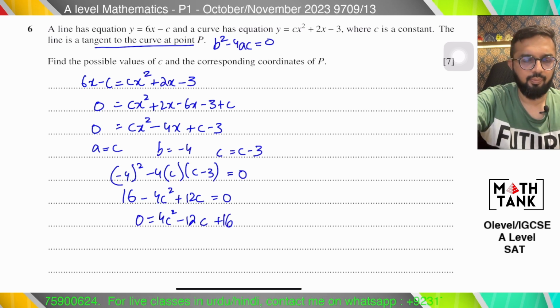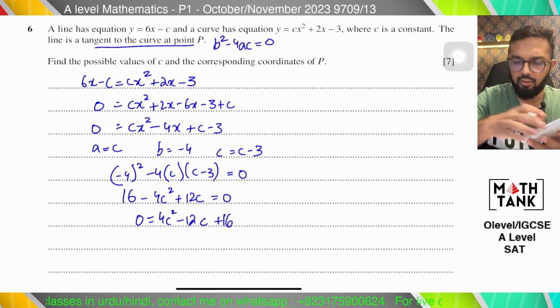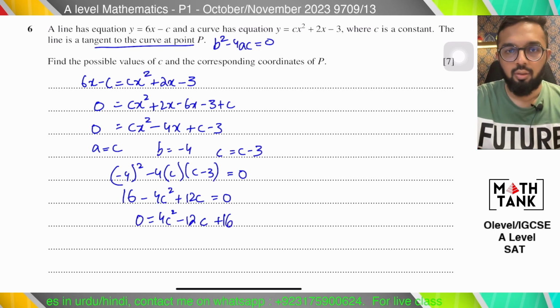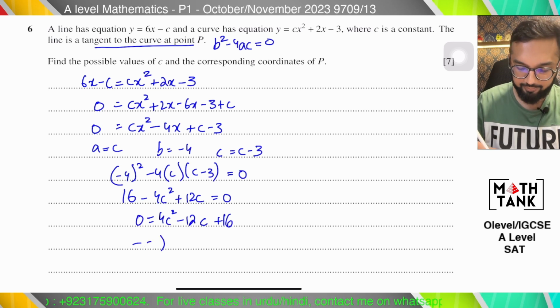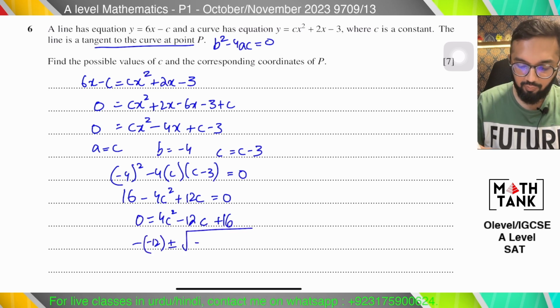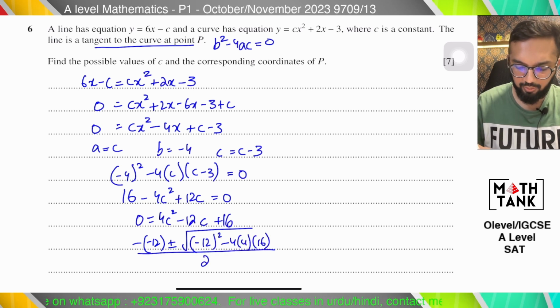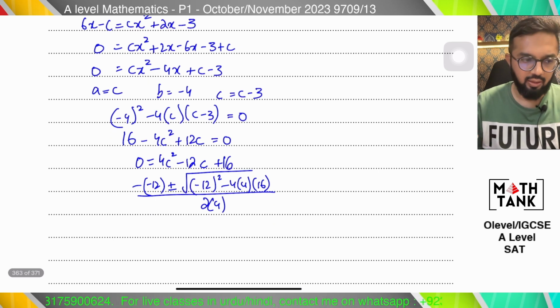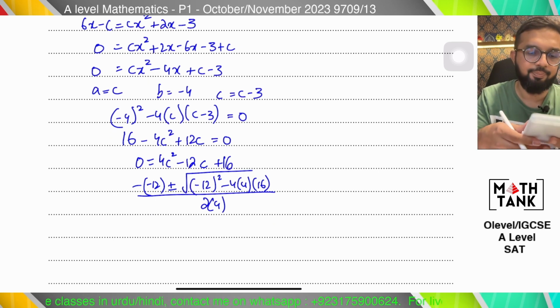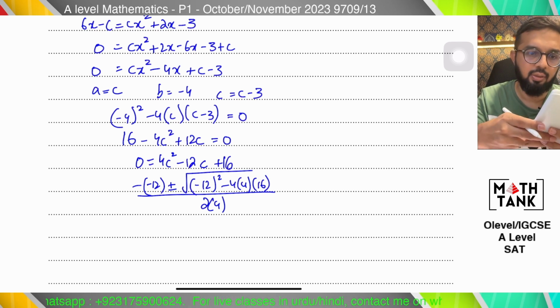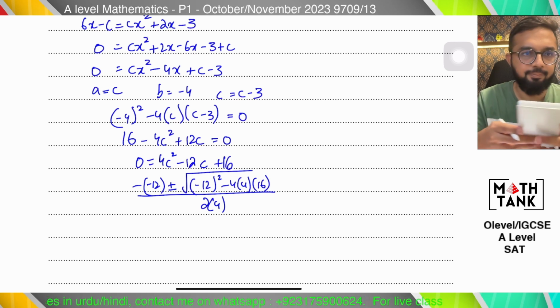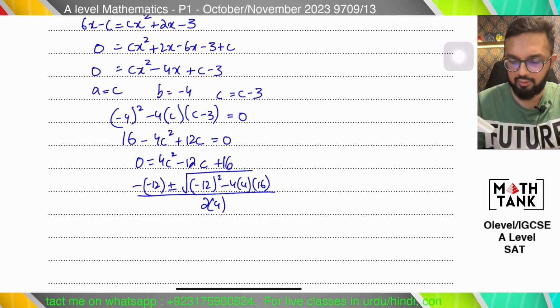Okay. Solving this, minus b plus or minus square root of b squared minus 4ac over 2a. That gives me, let's see on my calculator, okay, let me check if I have the correct.